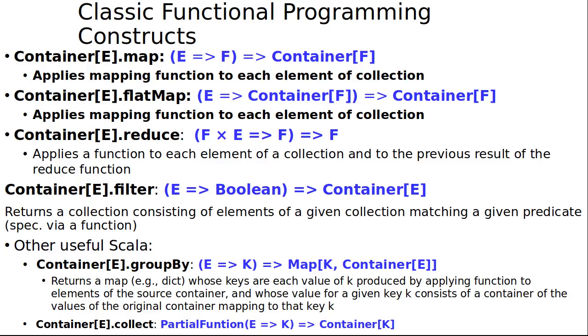The map that we get out is going to have, for each key that was produced by this mapping function, a key that will itself be associated with a container. And that container contains all the elements that map to that key.